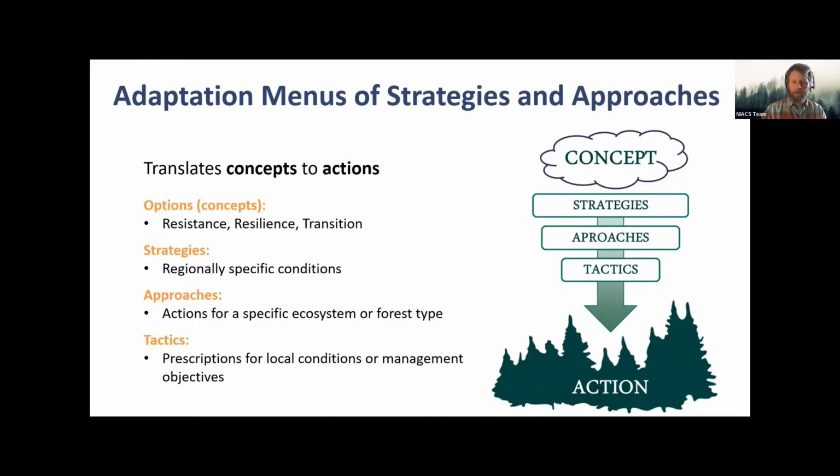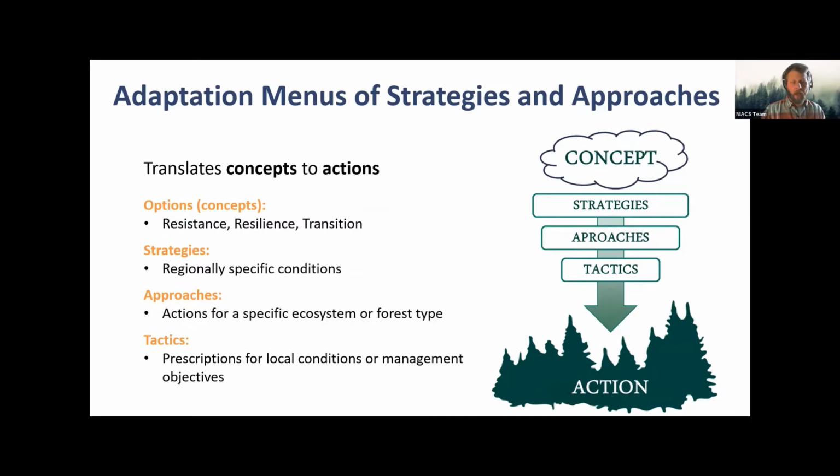And then underneath these concepts, the menus identify both strategies and approaches, where strategies are these bigger picture ideas. They could align to more regionally specific conditions or just a broader set of ideas to help achieve goals. In this case, with carbon management goals towards enhancing carbon benefits.